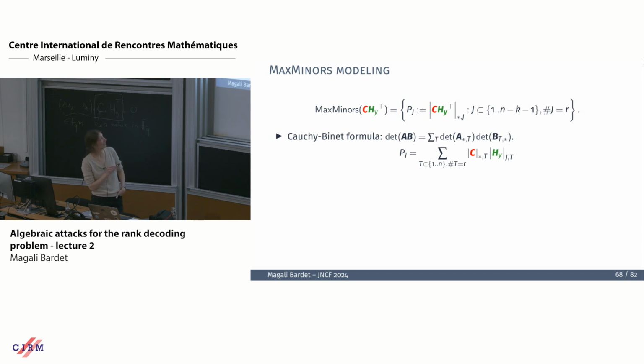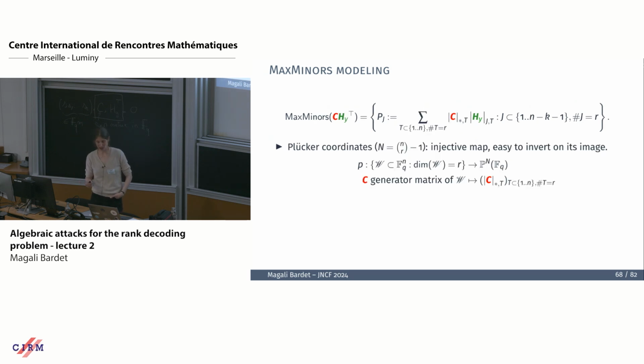And what is very specific for this setting is that you don't have a mix between the two matrices. You have a product of terms that are minors of C times minors of a public matrix. So you can do a change of coordinates and use what is called the Plucker coordinates.